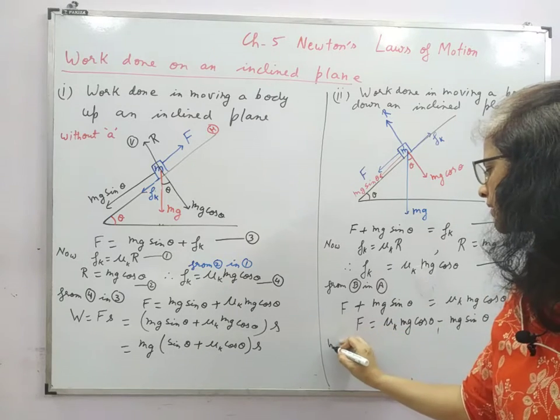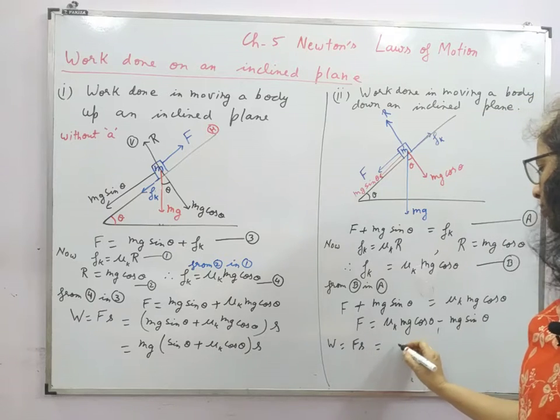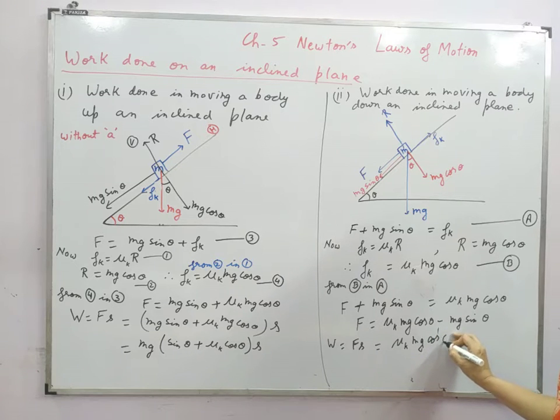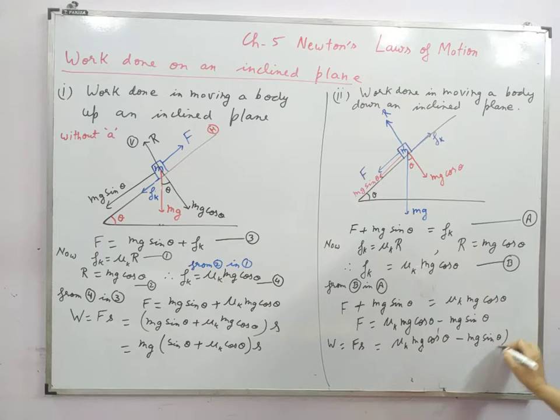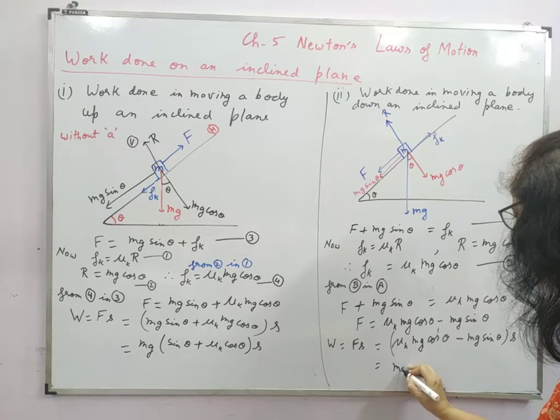So work done is force into displacement. I can write this as mu k mg cos theta minus mg sin theta, multiplied by the displacement. Now I can take mg common here.